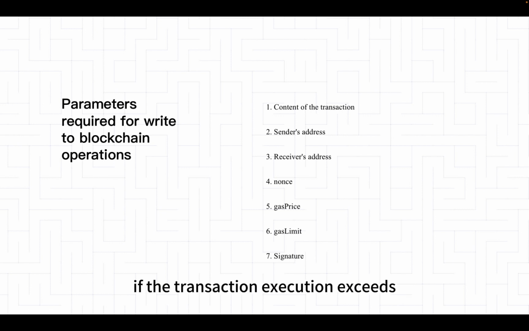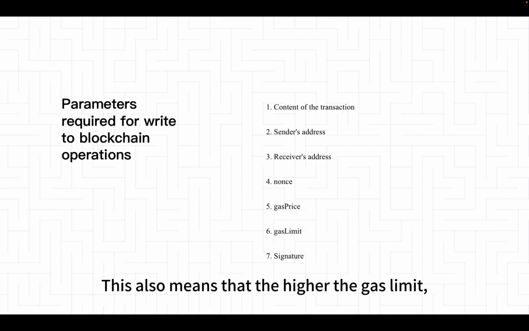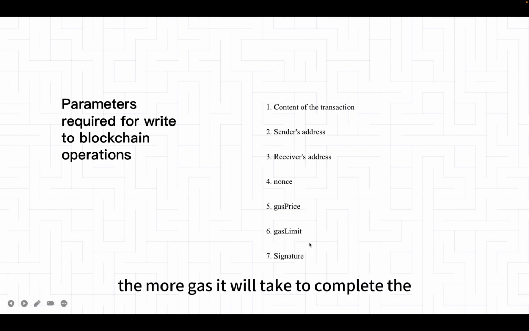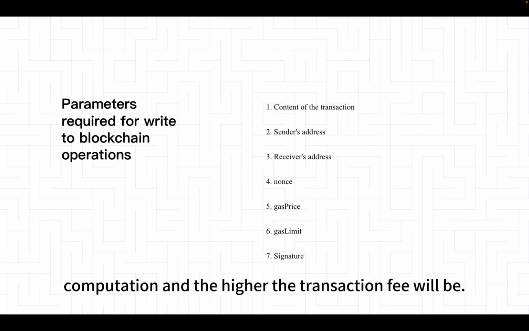If the transaction execution exceeds the set amount of gas, then the transaction will fail. This also means that the higher the gas limit, the more gas it will take to complete the computation, and the higher the transaction fee will be.